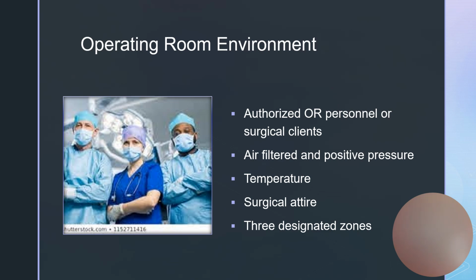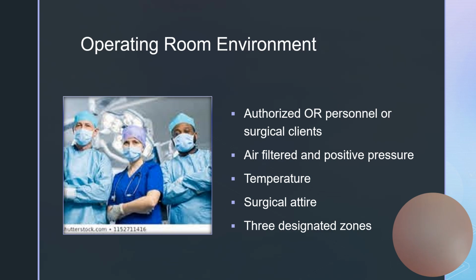There are 3 designated areas in the operating room environment. This includes an unrestricted zone where street clothes are allowed. This is where clients, personnel, and supplies will arrive. A semi-restricted zone, which does require surgical attire, but not masks.